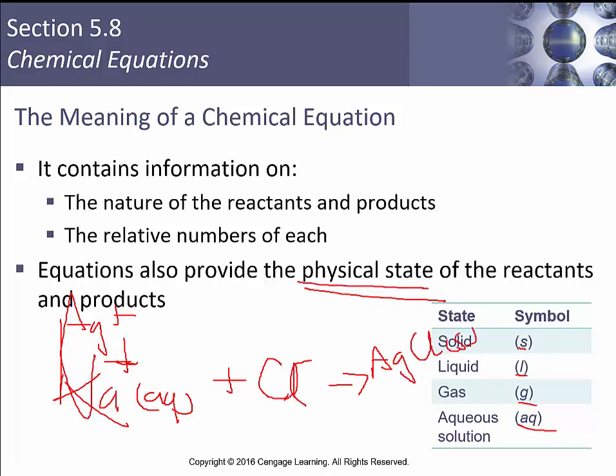So these guys are going to be aqueous solution, but because so much stuff happens in aqueous solution, and because it's got this whole extra letter going on here, sometimes we will drop the AQ part. So if you do not have anything on there, you just have an ion floating around, it is generally going to be assumed that you're talking about an aqueous solution.